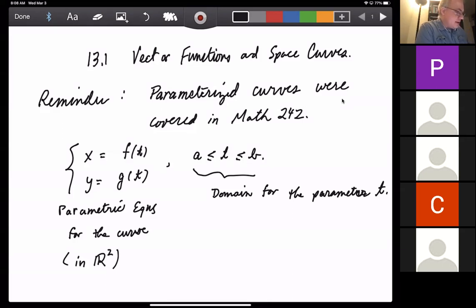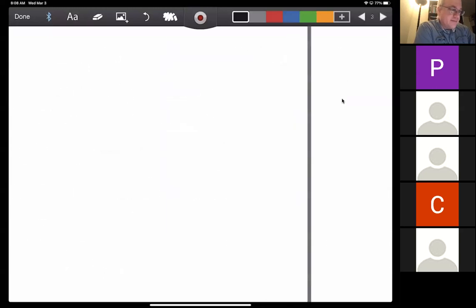And if you just change your point of view a little bit, you can think of what's going on with the parameterized curve as actually a vector function. All right, so everyone have what they need off of this page? Are we ready to go forward?